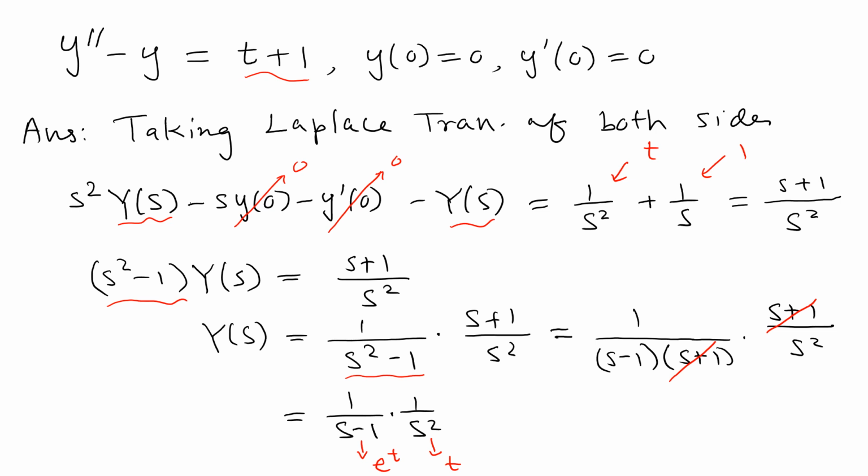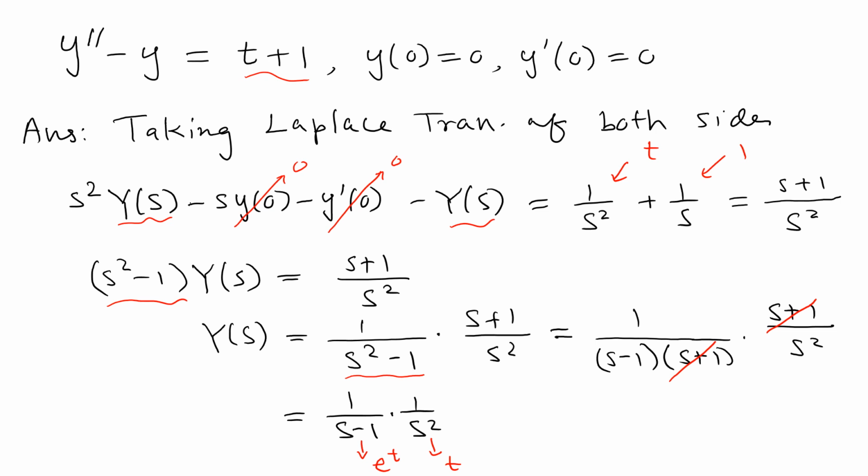When you have a product of Laplace transforms, when you go backward, the convolution theorem says it is the convolution of those two functions. So let's just recall that idea now.